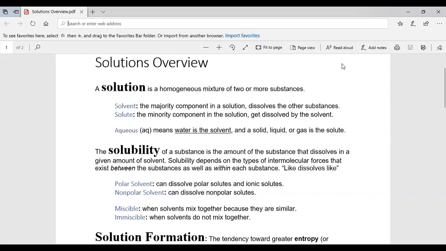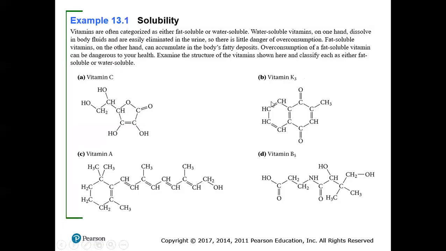I'm going to go ahead and show a quick example of how you can look at solubility in this qualitative sense. So here we have some examples of different vitamins, and we're trying to determine if they are fat soluble or water soluble.